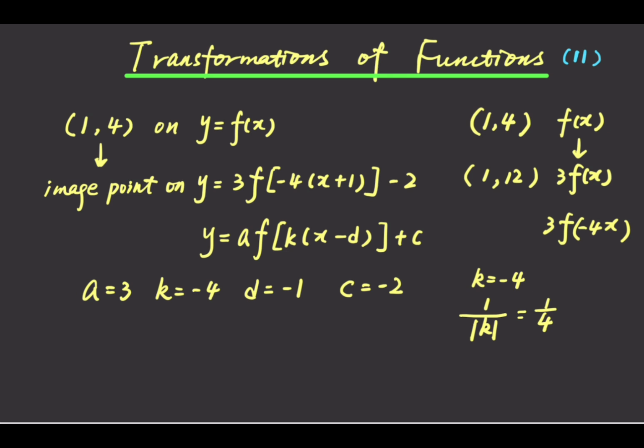So the y-coordinate should be kept unchanged, but according to this factor, you horizontally compress the x-coordinate, so it should be 1 over 4.